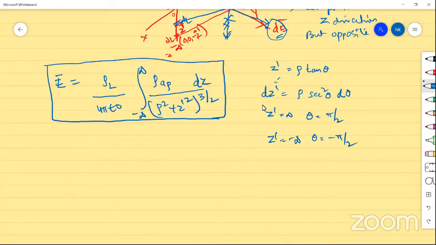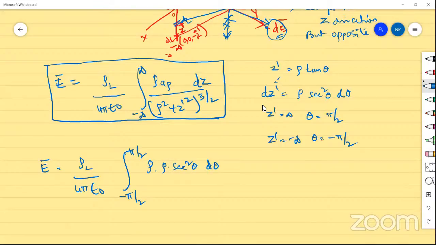Okay, so now rho L by 4 pi epsilon, integral from minus pi by 2 to pi by 2. What is dz? Rho secant square theta d theta.